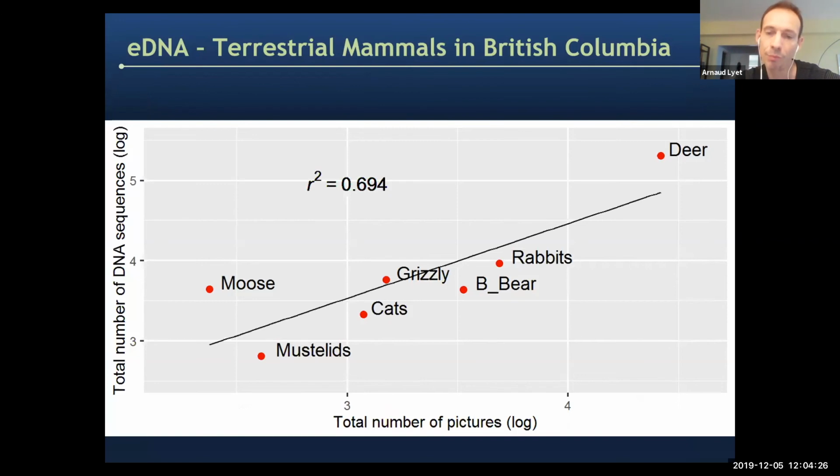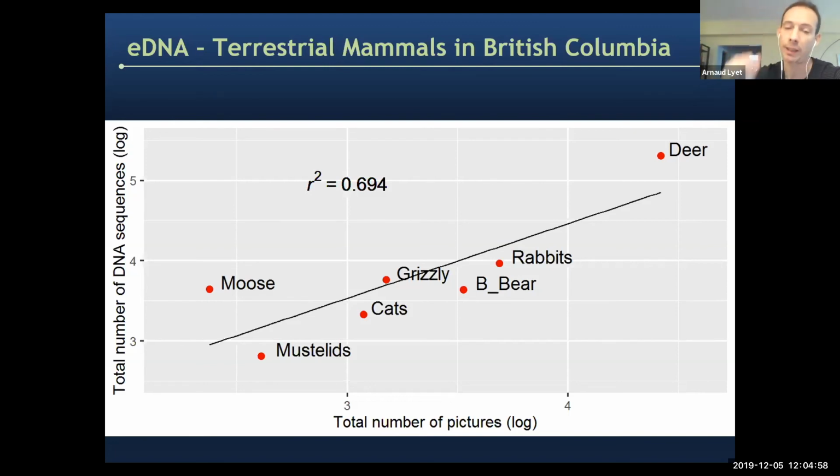So that's a log-log relationship between the number of copies of DNA that we found in these samples and the total number of pictures that were collected on the camera trap during the entire season. So it shows that there is some kind of relationship, but it's still not really clear.